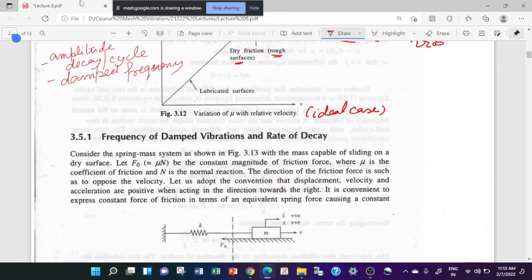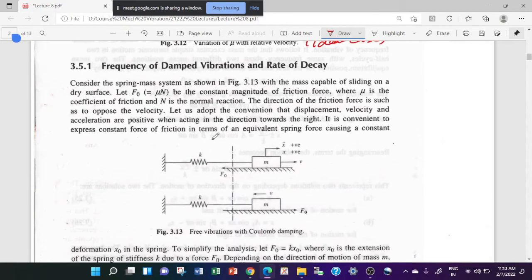So here let us consider a mass m which is sliding on some dry surface, and for that surface let us assume that F naught is the friction force magnitude, and it is constant in nature and equal to mu into N.